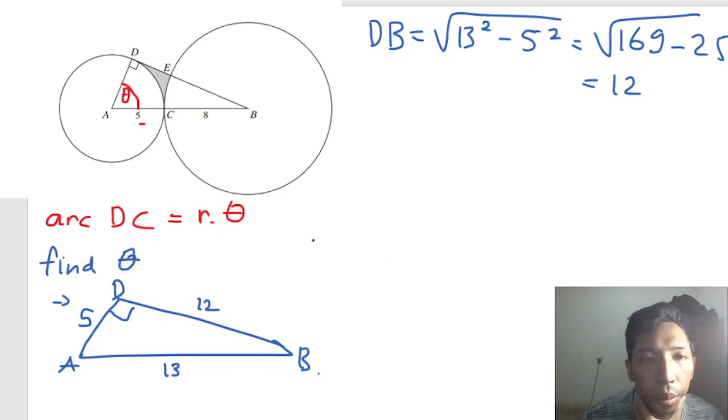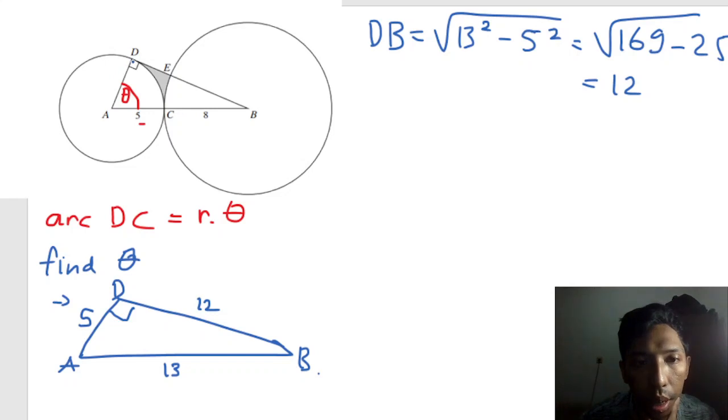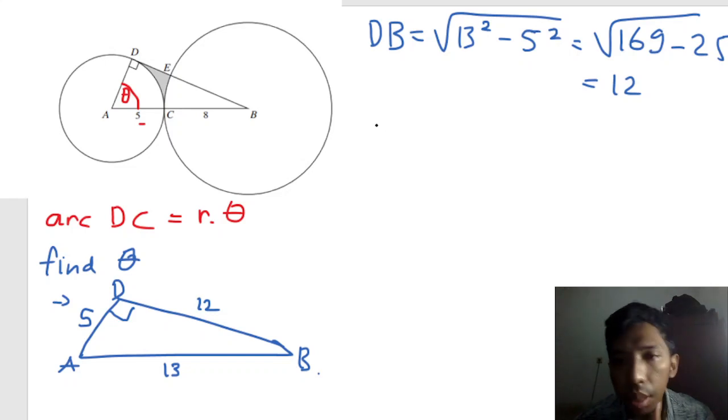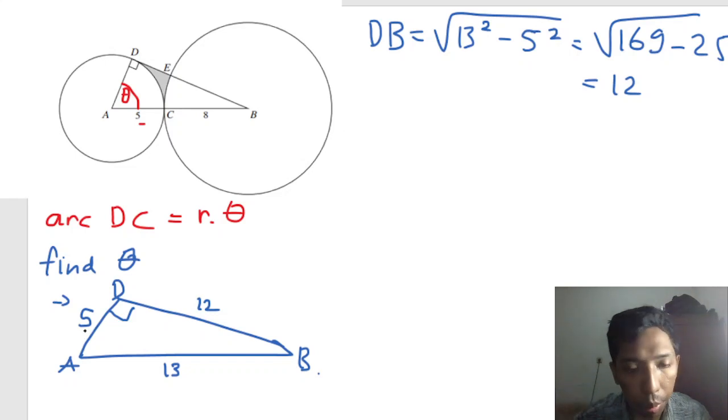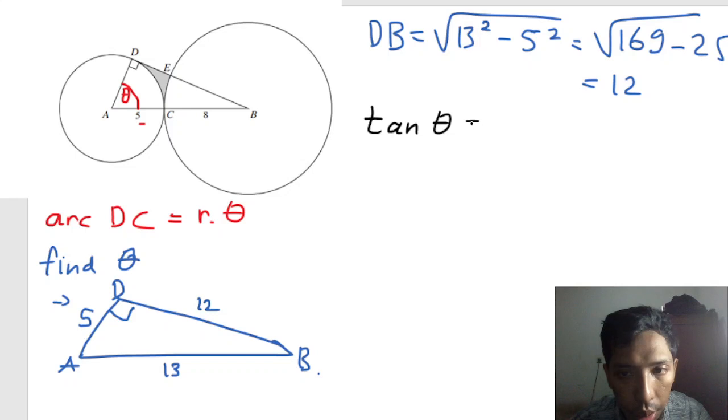Now what to do? We need to find theta, the angle DAB. We can use the trigonometric ratios: sine, cosine, or tangent. It's up to you, but in this case I will use tangent. Do you remember the ratio for tangent?